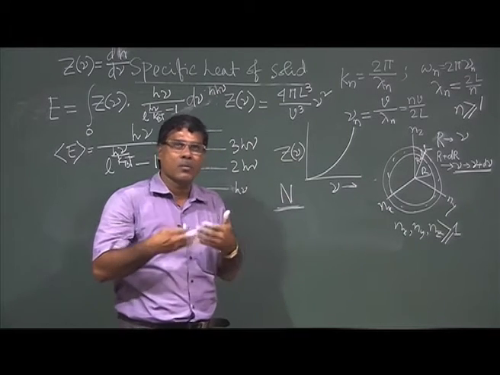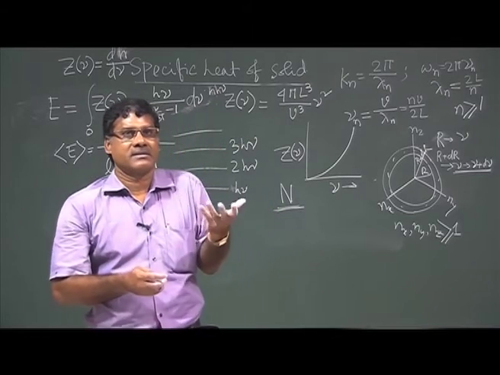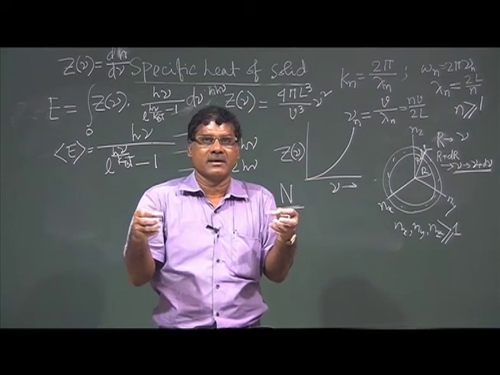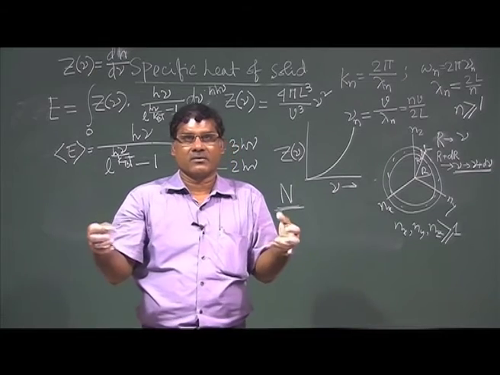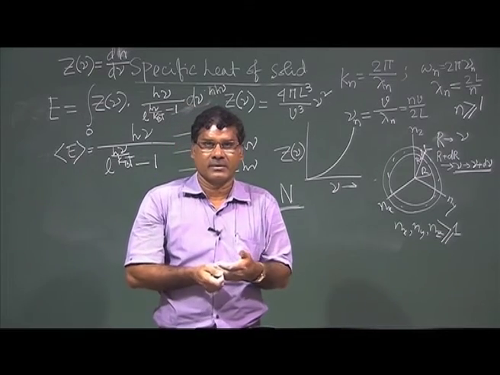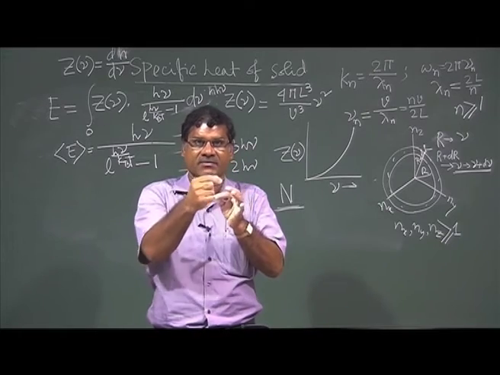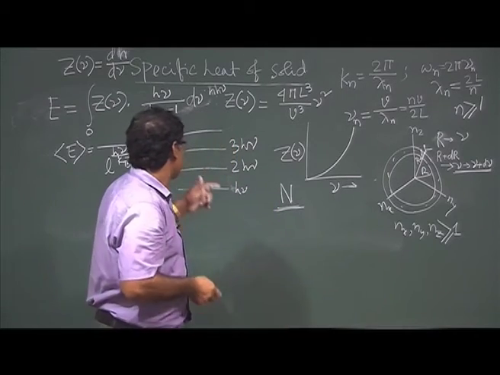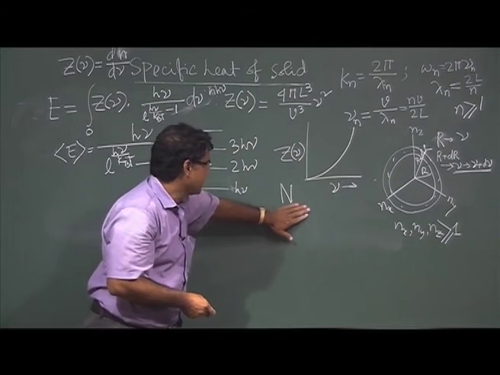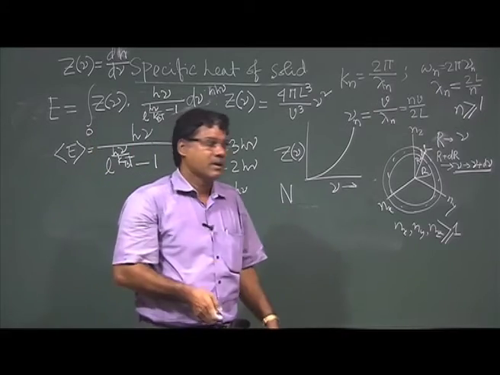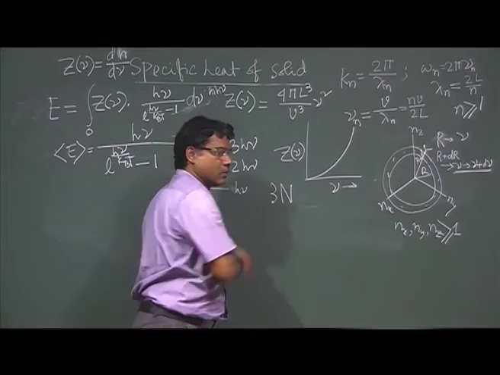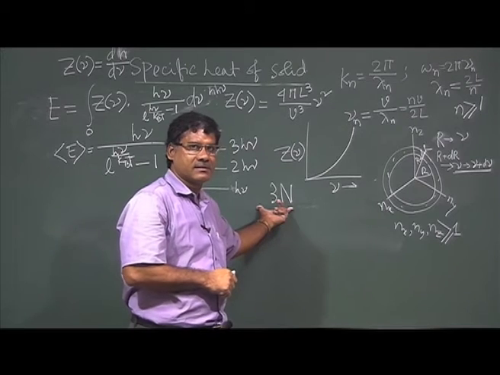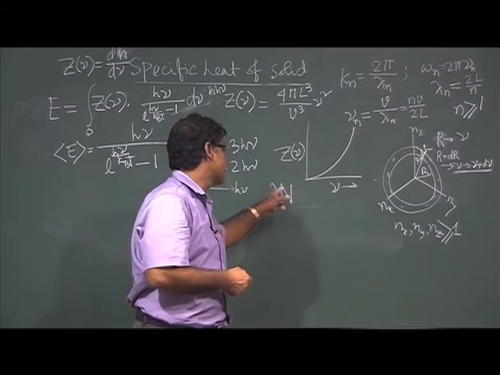In the case of Einstein, you have seen, if I have n number of atoms, I will get 3n number of modes because of the 3 degrees of freedom in 3 dimensions, along the x, along the y, along the z. So, here also each mode has 3 degrees of freedom. That is why the total number of frequencies cannot exceed 3n.